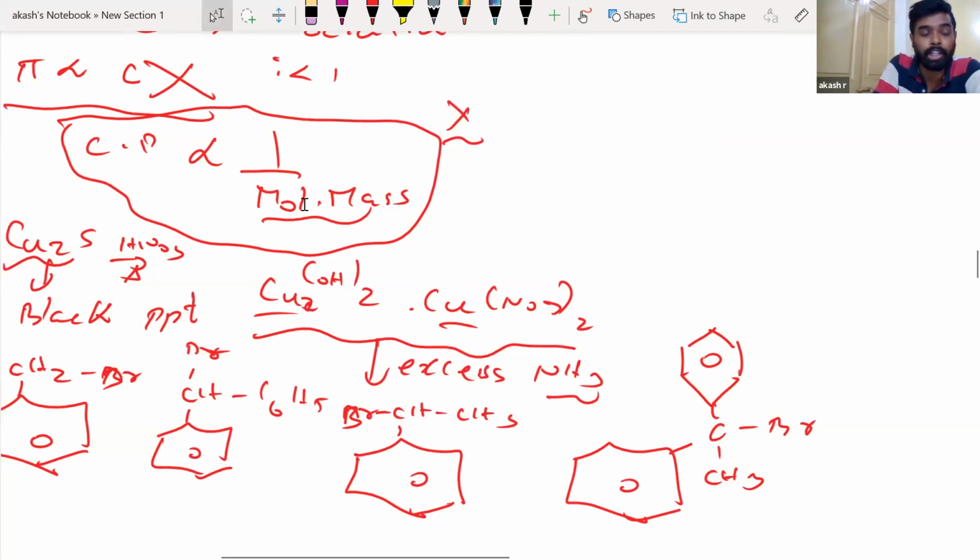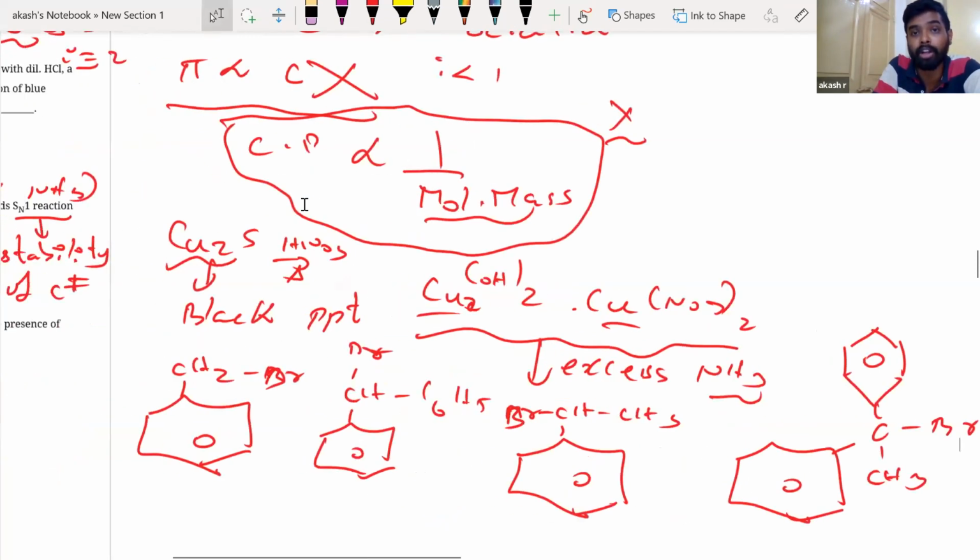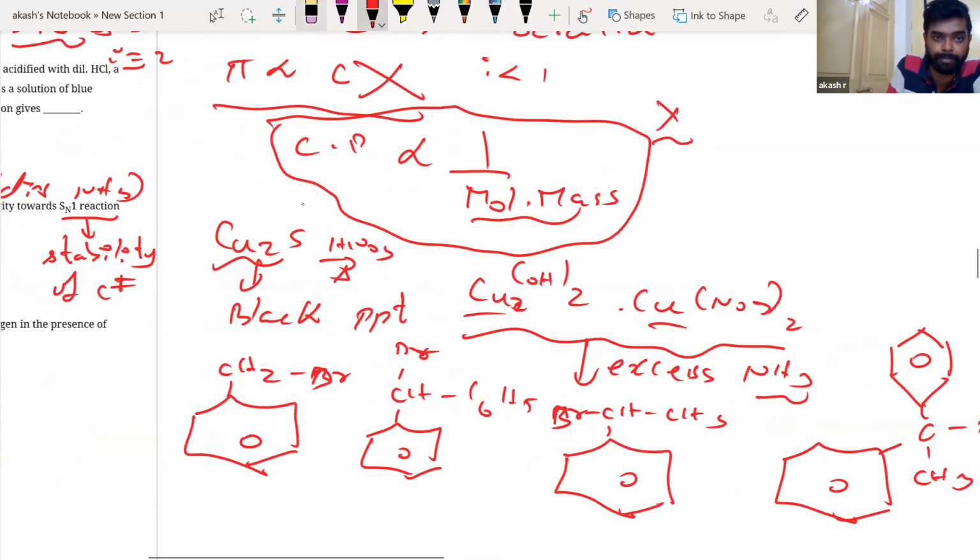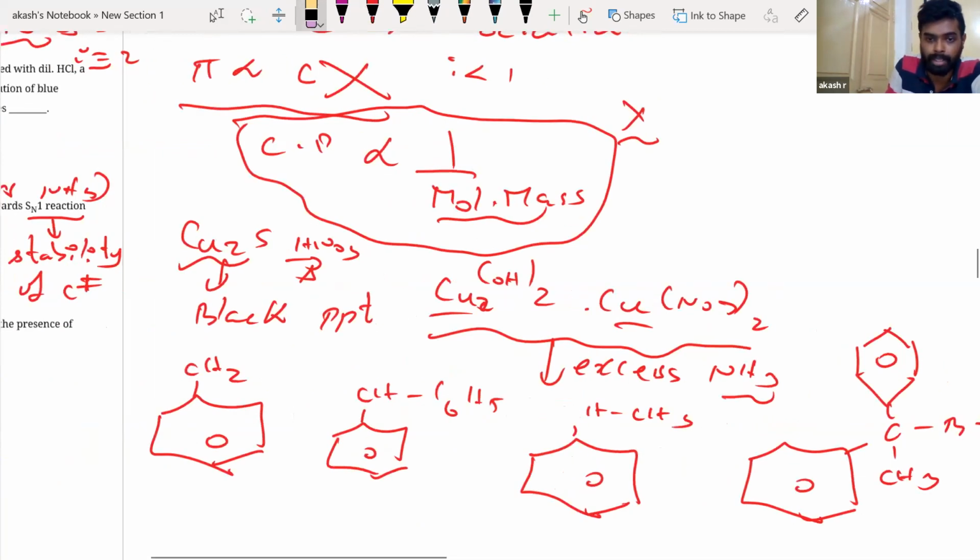As I told you, the moment you see an SN1 reaction, all you have to look for is the stability of the carbocation. So I'll remove Br from all of them. If I remove Br from all of them, obviously I have to put a positive charge on the carbon which lost the Br.